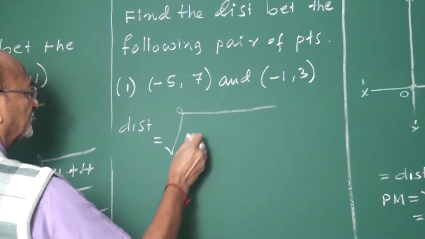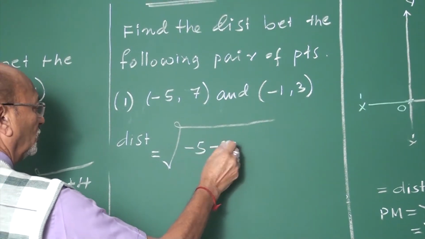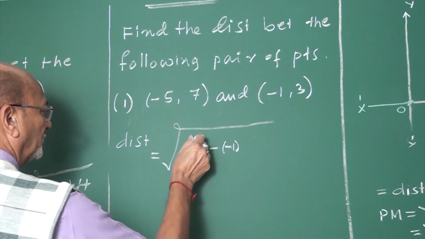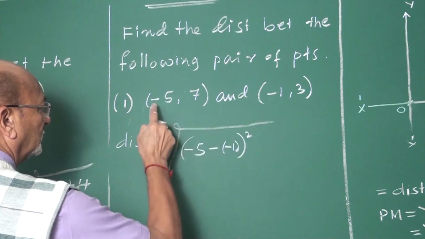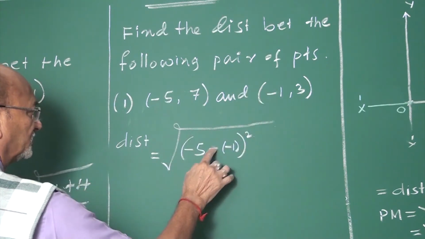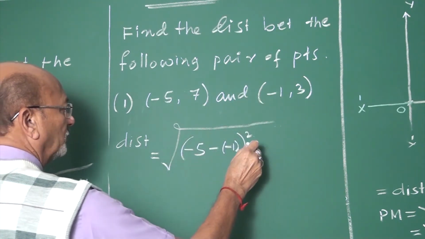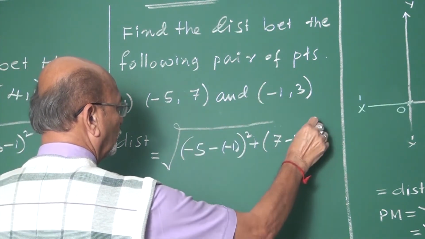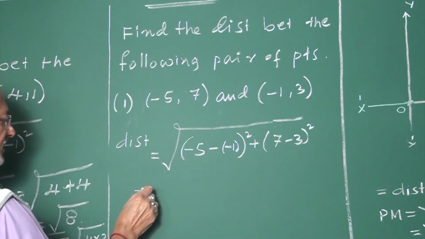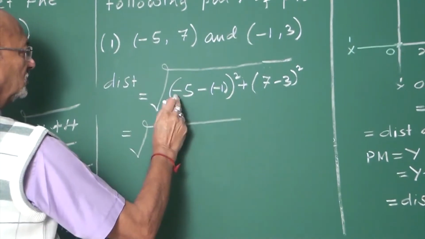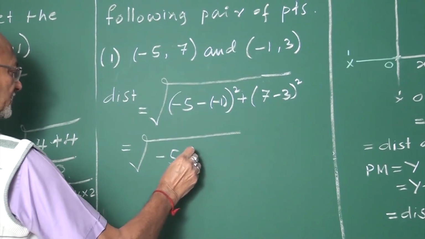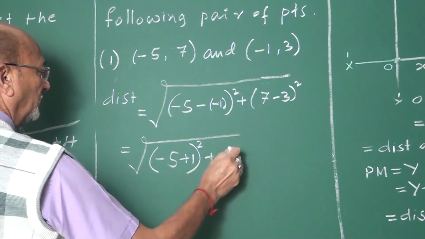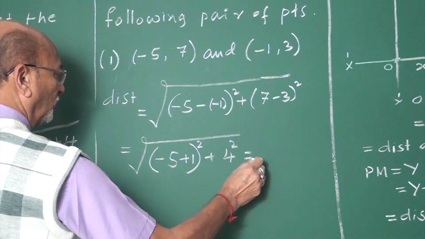I take first minus second. One example I write in detail, my friend. (-5 minus (-1)) the whole square plus (7 minus 3) the whole square. Simplified, it is the square root of (-5 minus of minus is plus 1) the whole square plus 7 minus 3, which means 4. What is it?